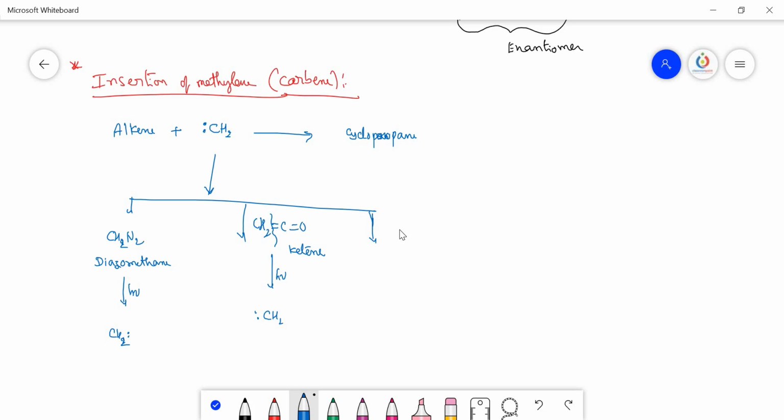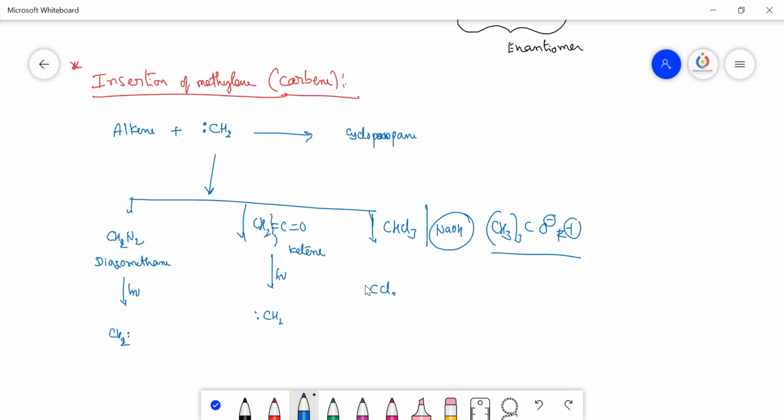And sometimes we take CHCl3, chloroform, with base. Base means you can take NaOH or else potassium tertiary butoxide, (CH3)3CO minus K plus. This particular mechanism we shall discuss in the Reimer-Tiemann reaction.